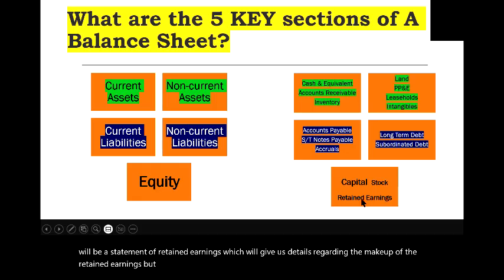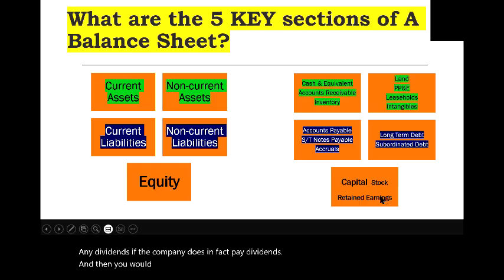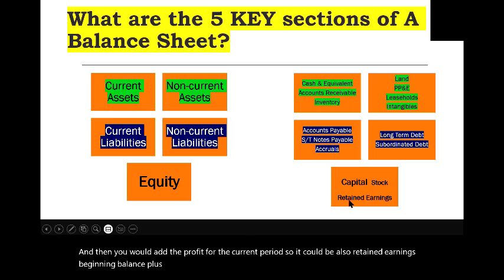But essentially, this would be beginning retained earnings, subtract any dividends if the company does in fact pay dividends, and then you would add the profit for the current period. So it could be also retained earnings, beginning balance, plus profit, minus dividends, and you get your ending retained earnings.